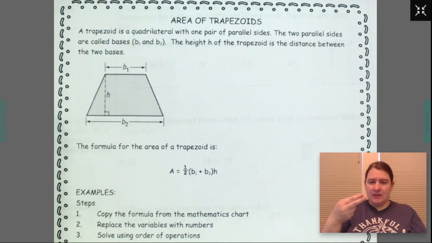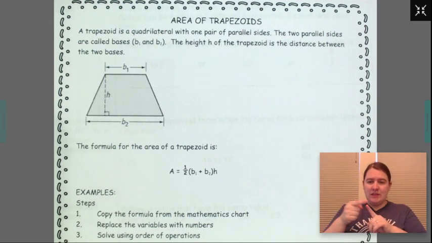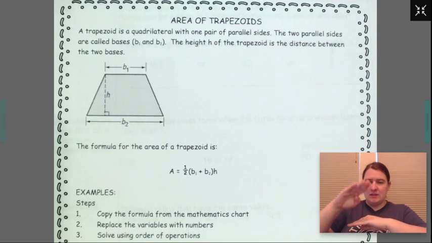The height, h, of the trapezoid is the distance between two bases. So that distance.